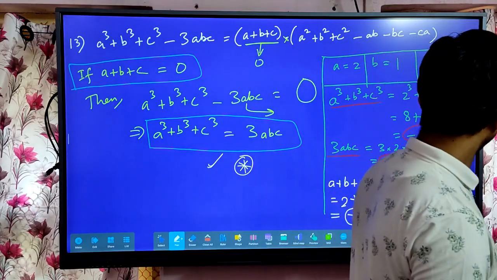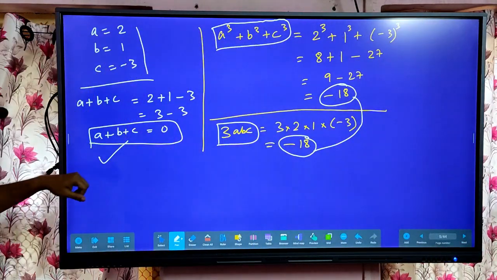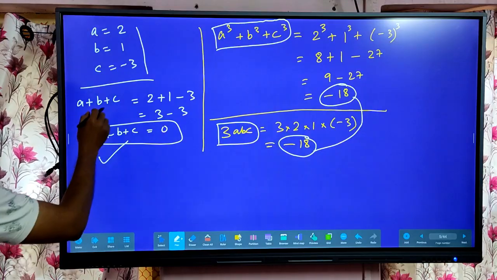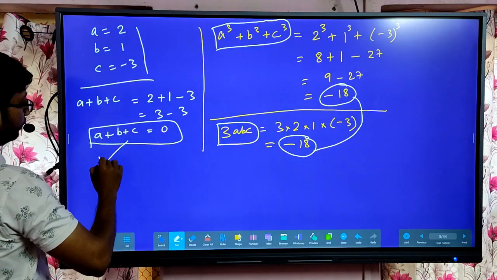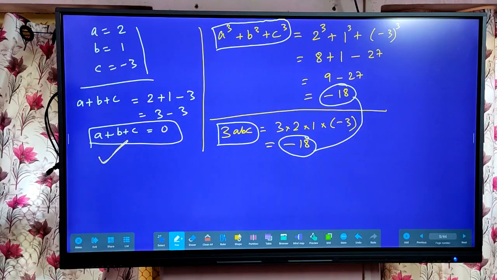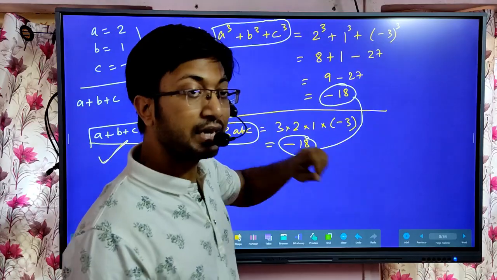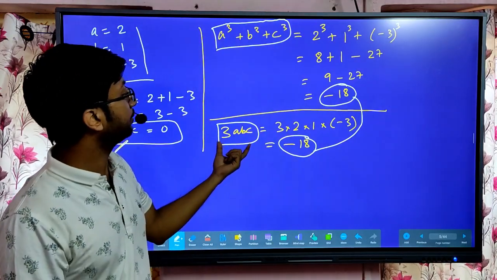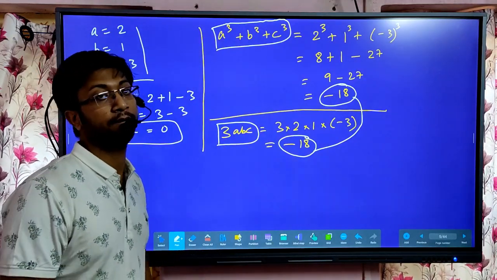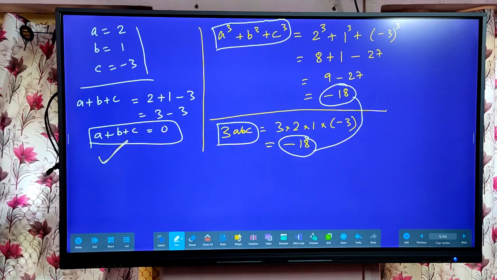Let me give you another example. Yes, there is another example I have taken. The sum a plus b plus c will be equal to 0. If this happens, then the a cube plus b cube plus c cube value will be exactly equal to the value we will get by doing 3abc. Let us take a equal to 2, b equal to 1 and c equal to minus 3.